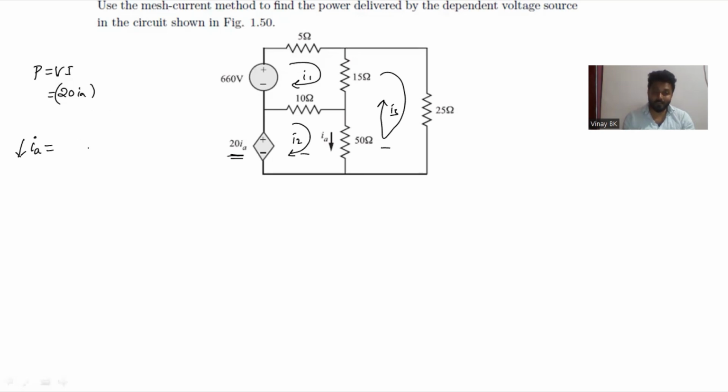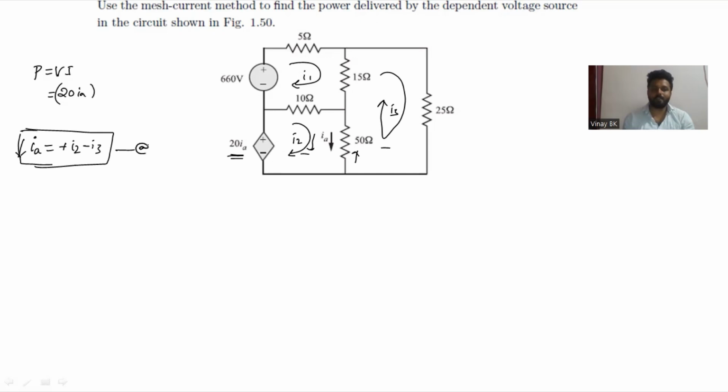I2 is flowing downward, the same direction as IA, so plus I2. I3 is flowing opposite to IA, so minus I3. So IA is nothing but I2 minus I3. I hope you're getting this.